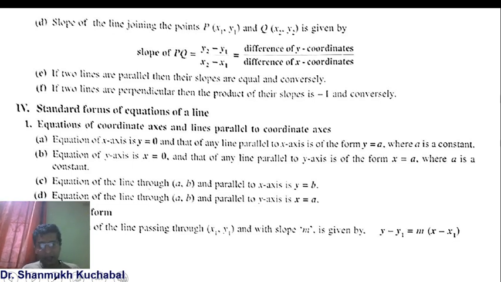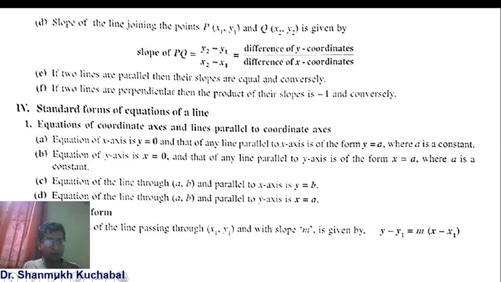If two lines are perpendicular, we take the multiplication: m1 into m2 equals -1. That is the perpendicular condition. Once again I am repeating, the parallel condition is m1 equal to m2, and the perpendicular condition is m1 multiplied by m2 equal to -1.